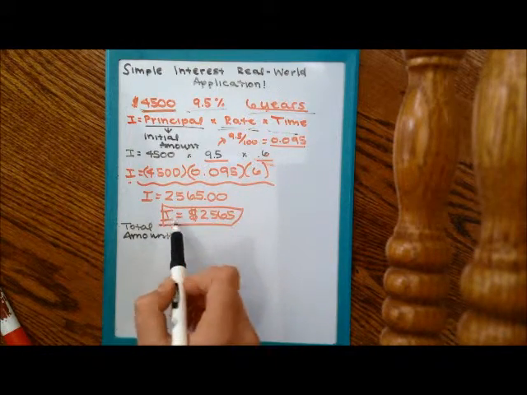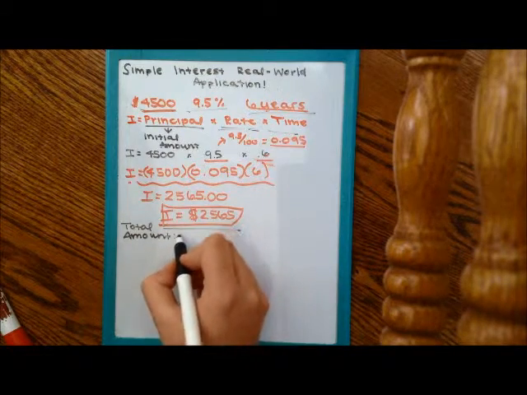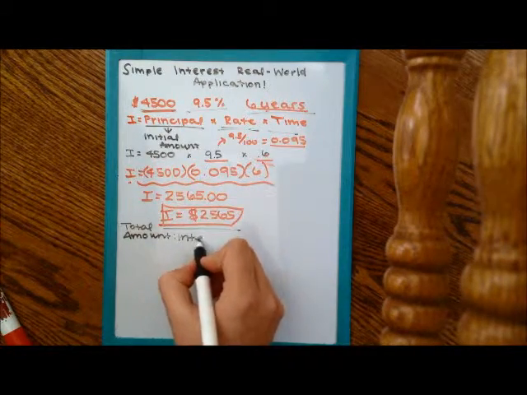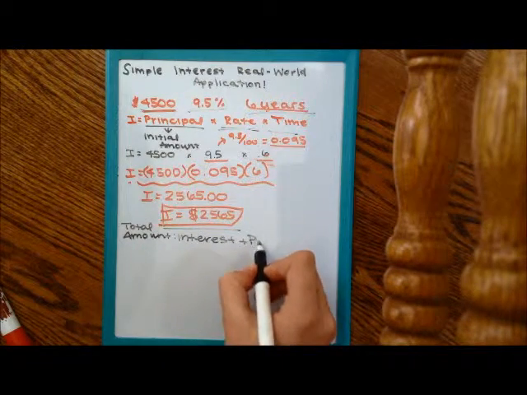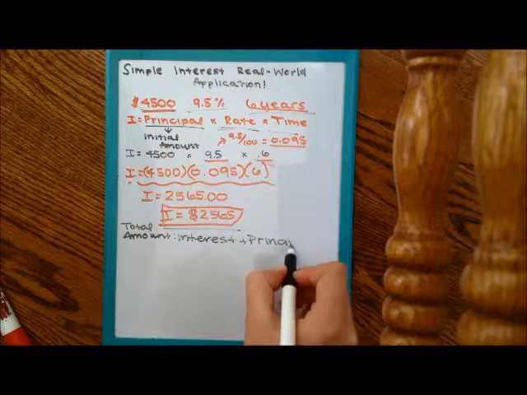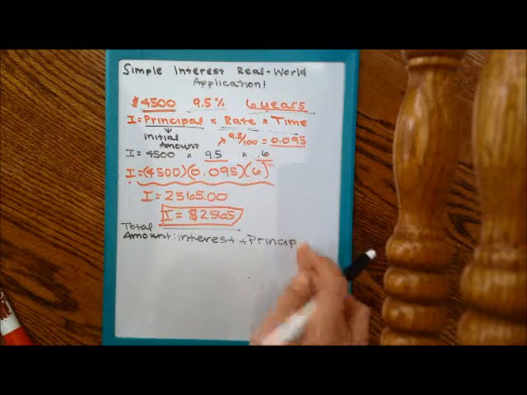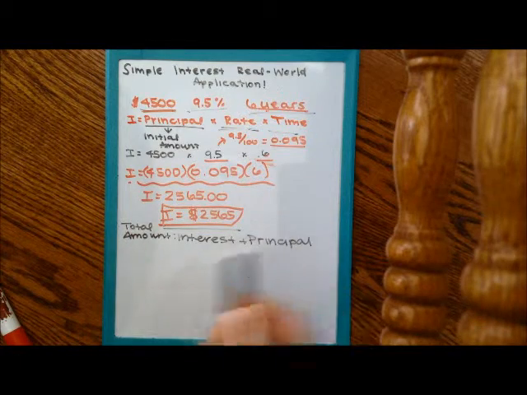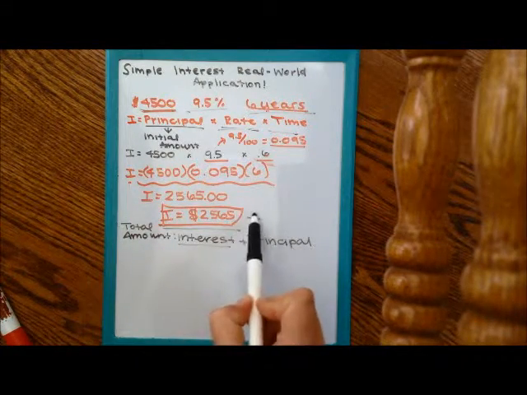all we need to do is add our interest with our principal amount. So our interest is what we just found right here.